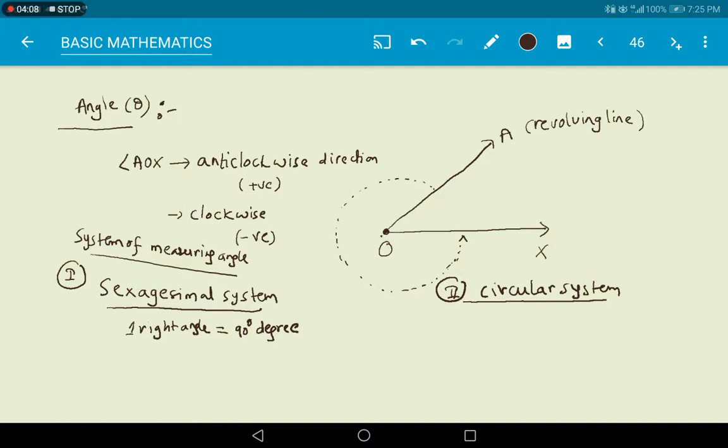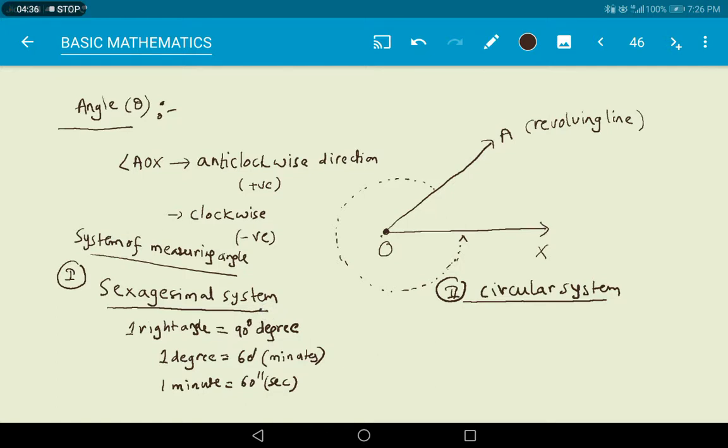In the same way, 1 degree equals 60 minutes, and 1 minute is equal to 60 seconds. So this is the measurement of the angle in the sexagesimal system.